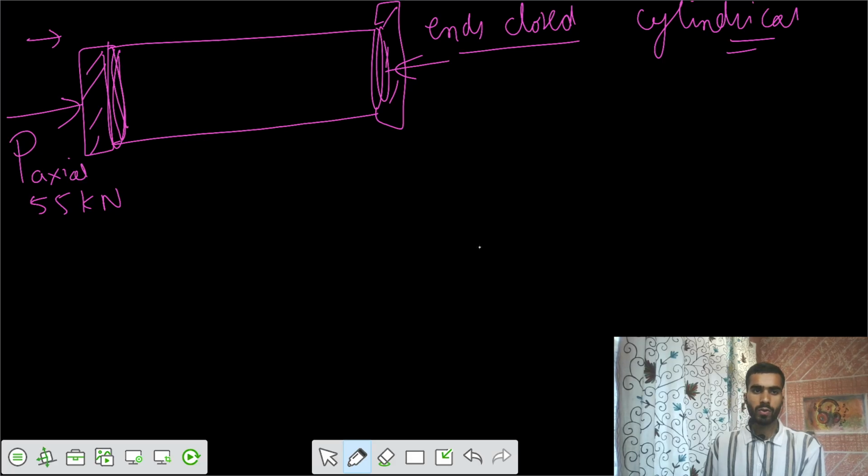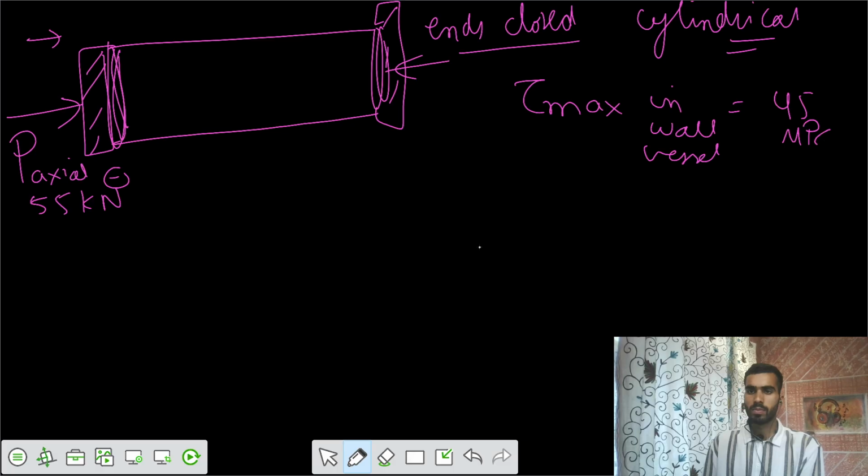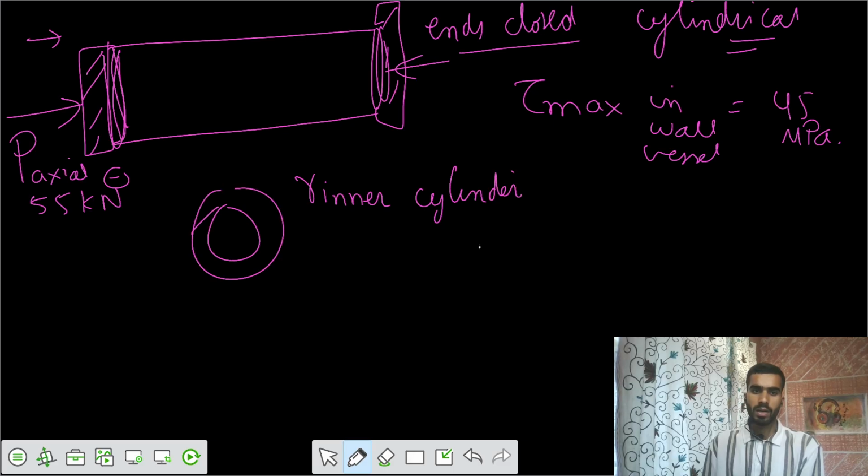The material has tau max, the maximum shear stress it can have in the wall of that vessel, equal to 45 megapascal. The dimensions given are the inner radius R, equal to 50 millimeter, and the thickness of the wall, equal to 4 millimeter.